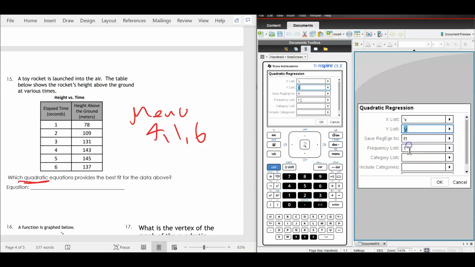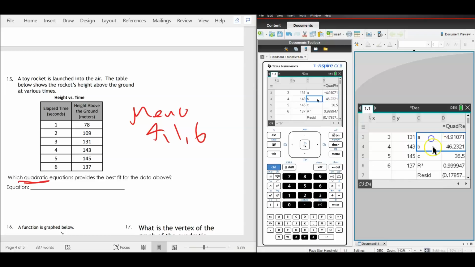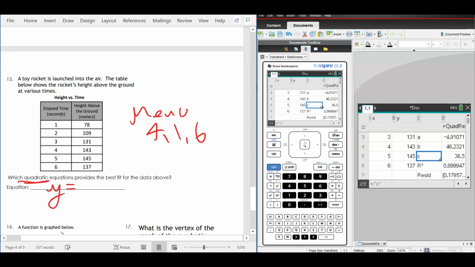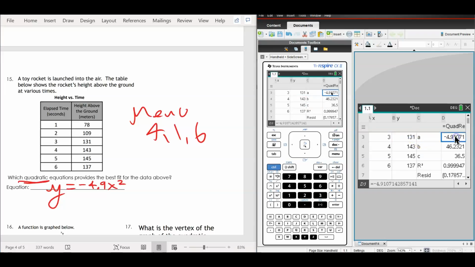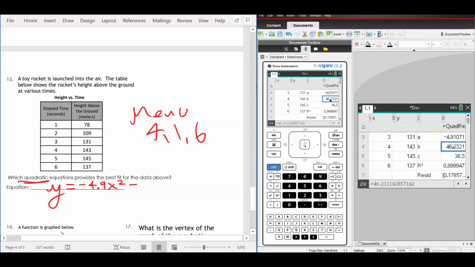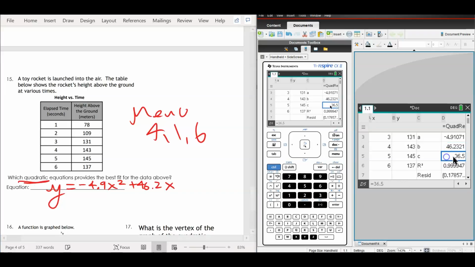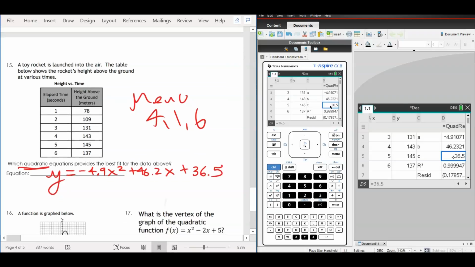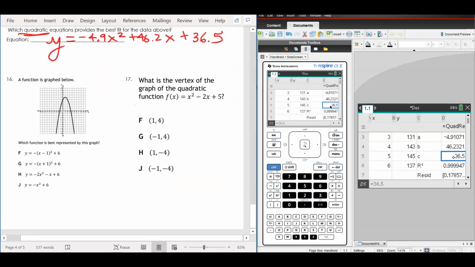X is X, Y is Y, and I have an A, B, and a C. Okay, so let's write that equation. Y equals A, negative 4.9 X squared. You always put A, X squared, then it's BX, 46.2X, plus C, 36.5. AX squared plus BX plus C.